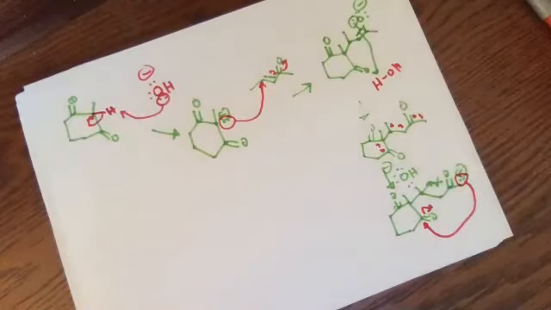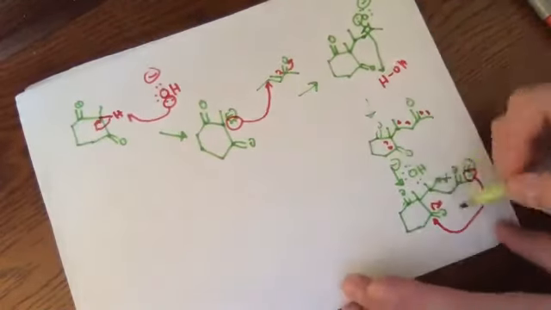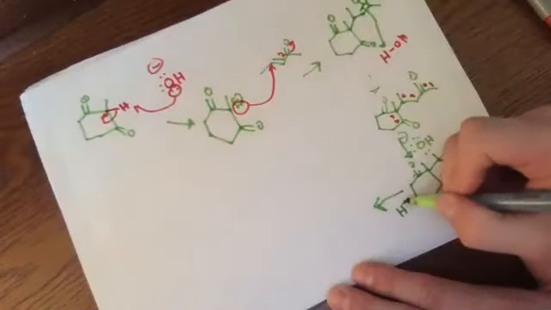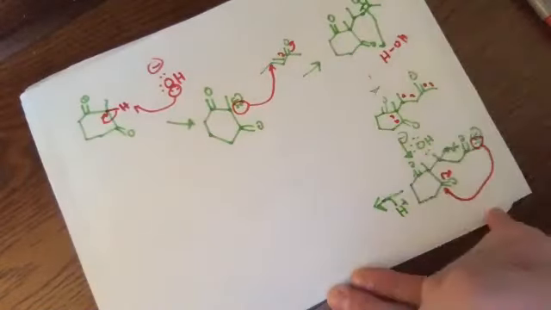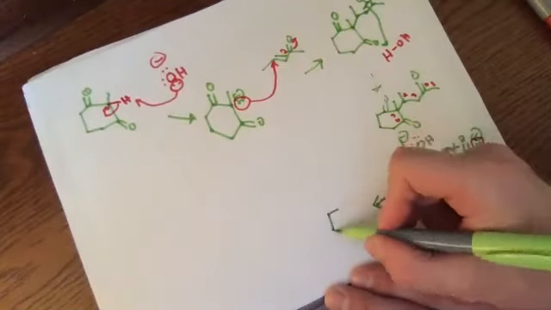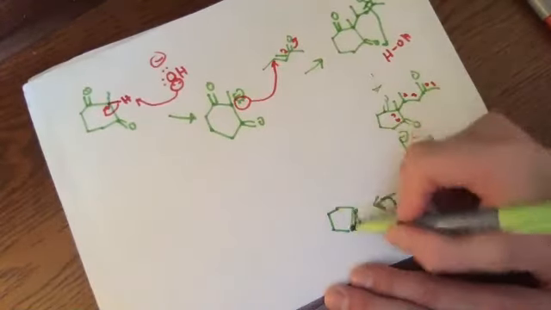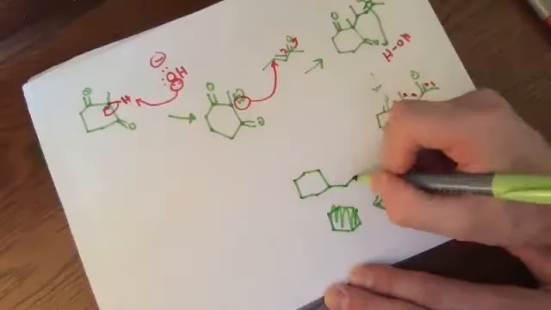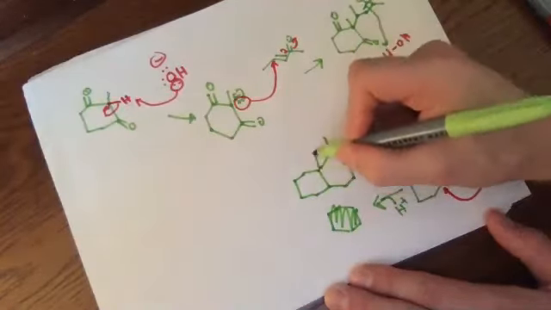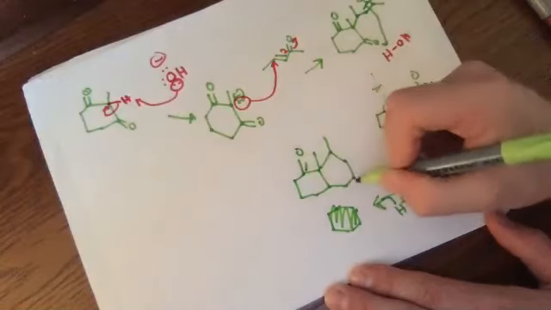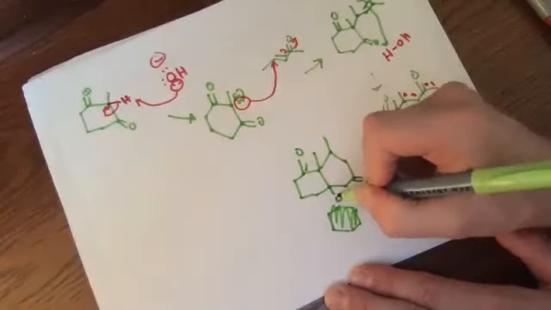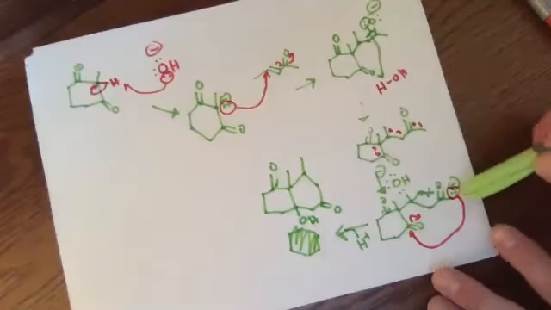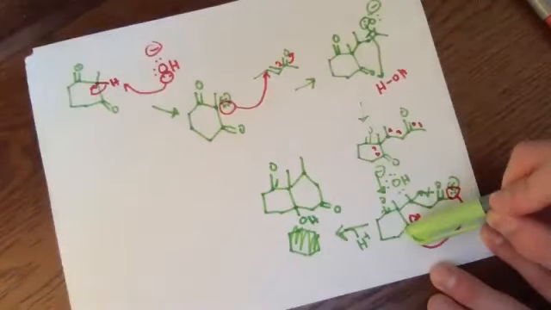Pick those electrons up. It'll eventually grab the proton there, so we'll make this alcohol. So we made a bond between here and here, and we closed our ring.